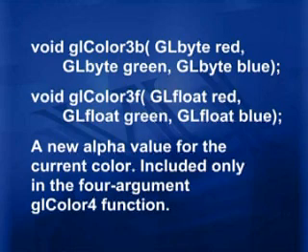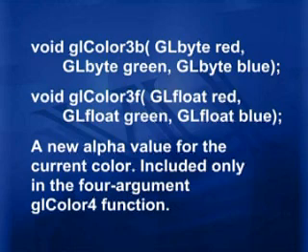We make use of 1 byte to hold the value for red, for green, and for blue. Mind you, these are signed bytes. Void glColor3f. Look at the arguments: GLfloat red, GLfloat green, GLfloat blue. And this is where we will be specifying the red, green, and blue values as floating point numbers. And you can guess what would be the range.